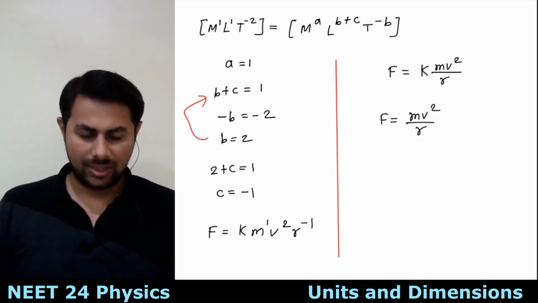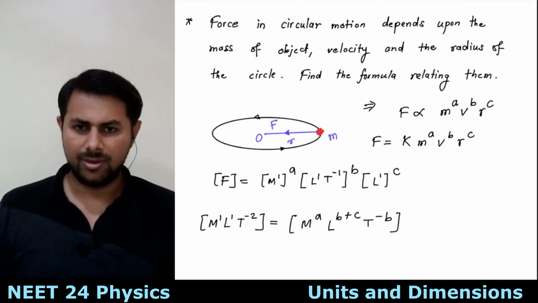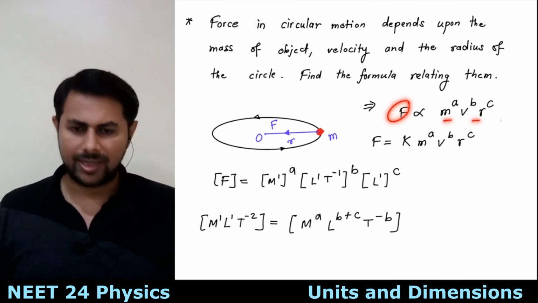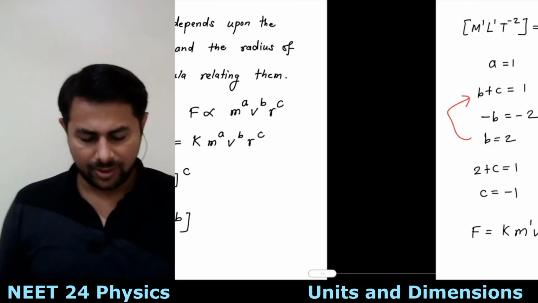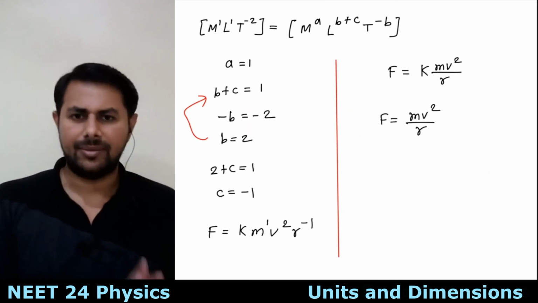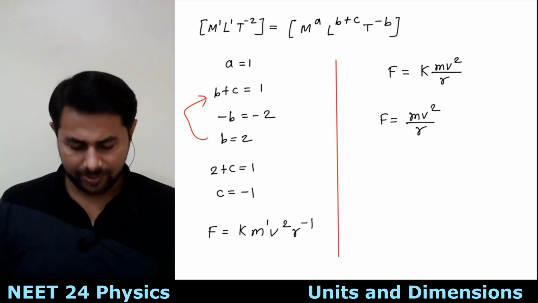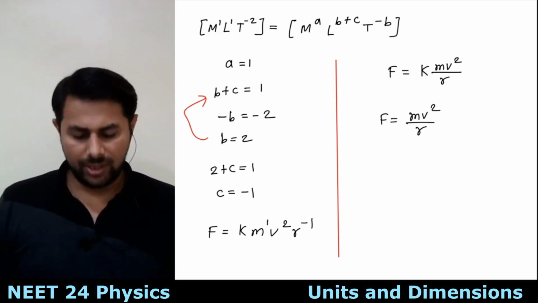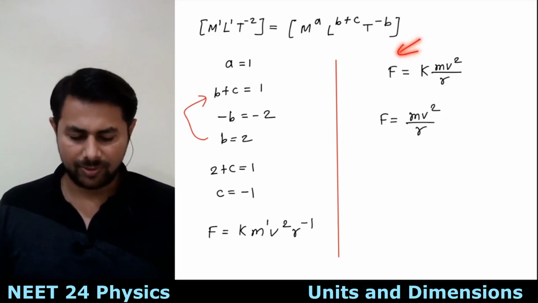Okay, so now you can see this was a simpler problem. Force depends on mass, velocity and radius. This is a simple one. Still it takes some time. I guess it took, I was explaining this also, but still it will take around 1 minute for a simple problem.